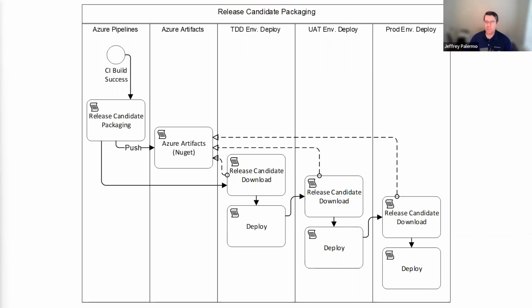If you always go back to your Azure Artifact store and get the same release candidate that has previously had every other security control run against it, you are minimizing the surface area where it's possible for some nefarious code to get in. If you're doing a recompile to UAT, a recompile to production, well, guess what?